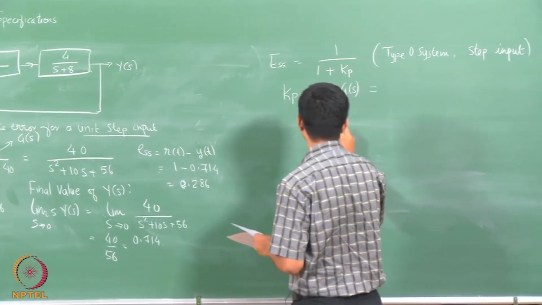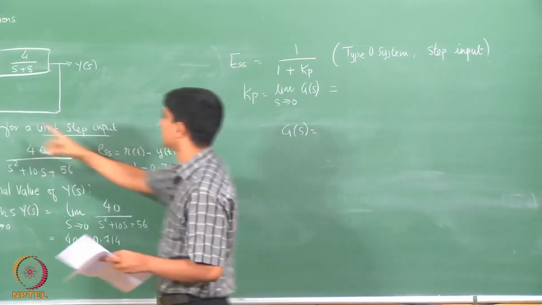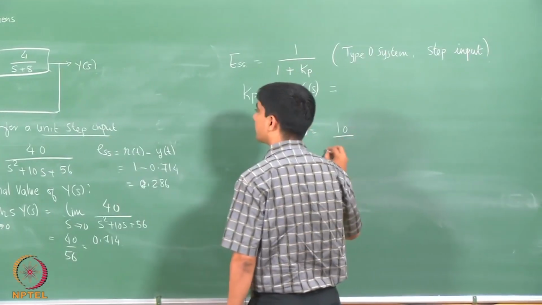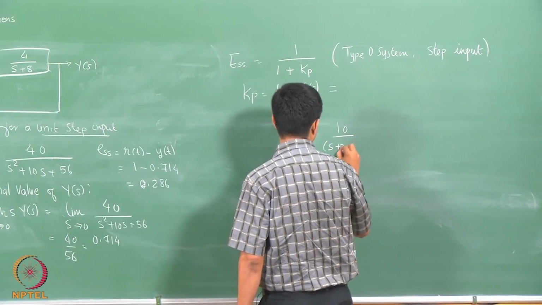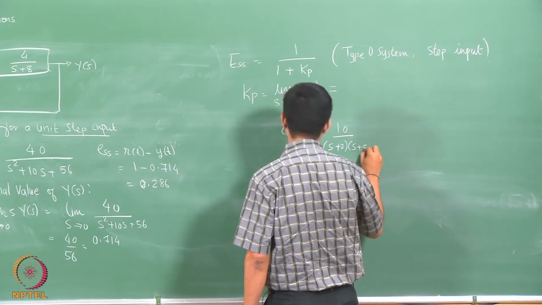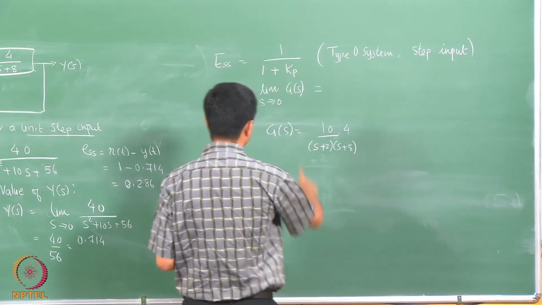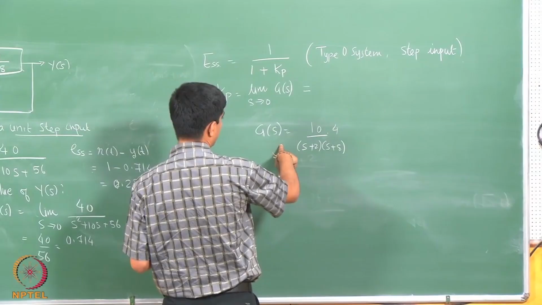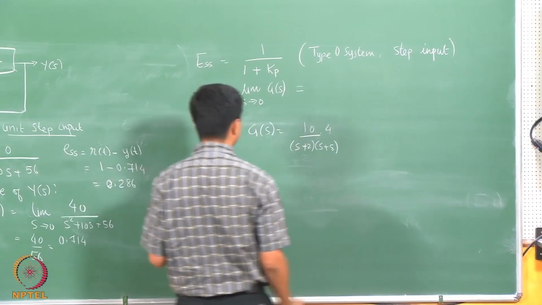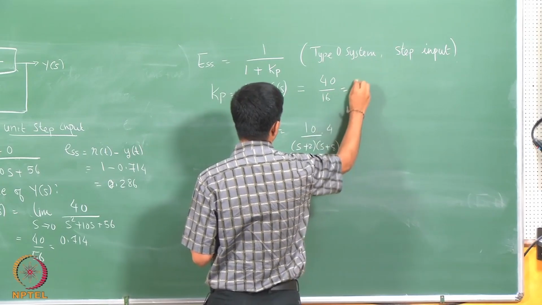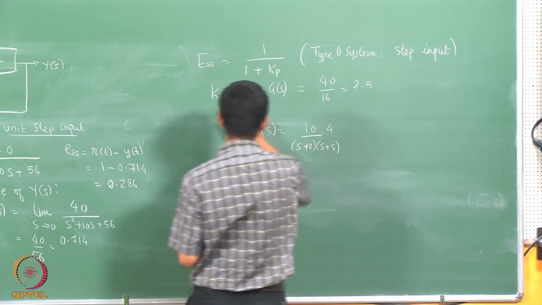So, g of s, I am just looking at the open loop transfer function, is 10 over s plus 2, I have s plus 8 and I have a 4 here. Okay. So, limit s going to 0, g of s was 40 by 16 is 2.5. Okay. So, this is my Kp.